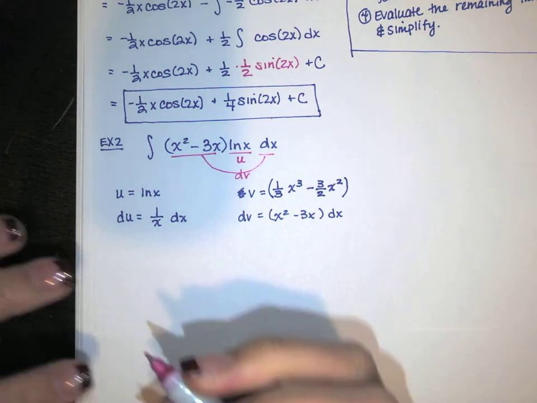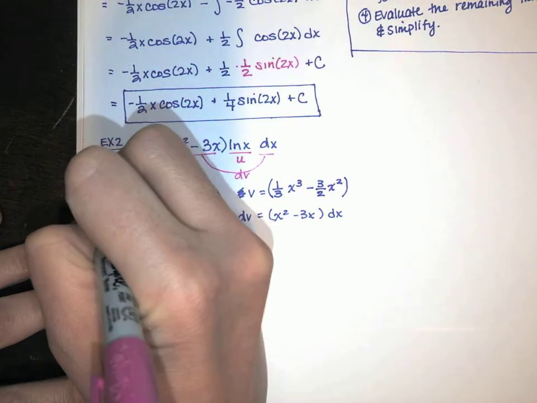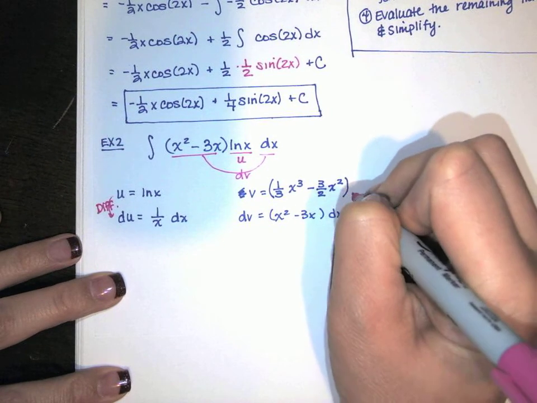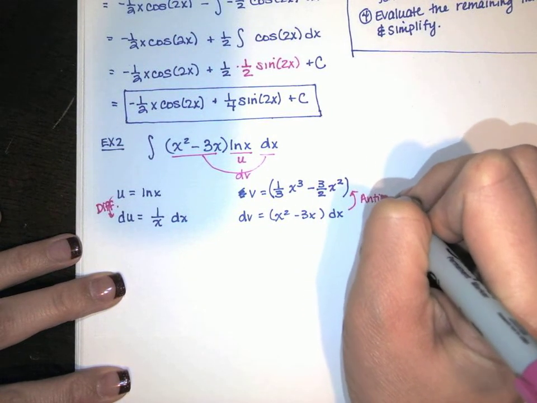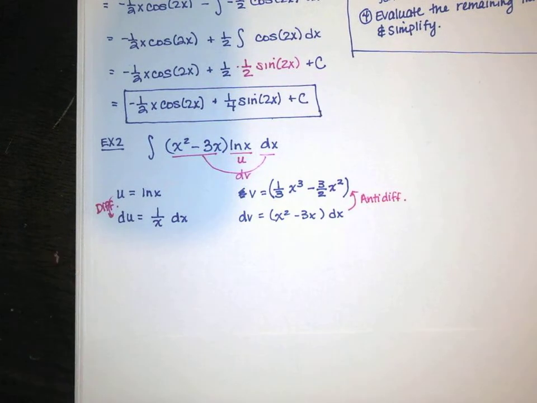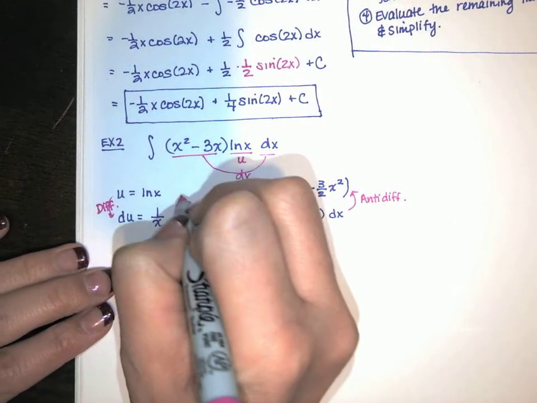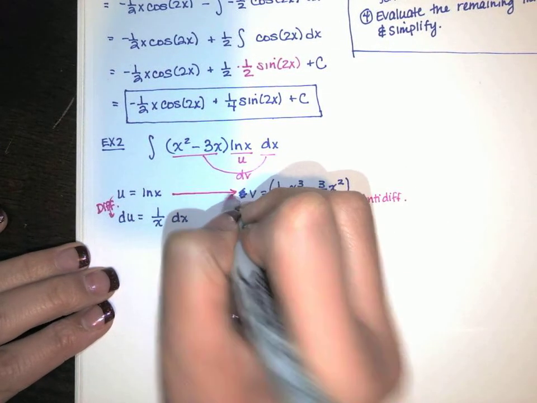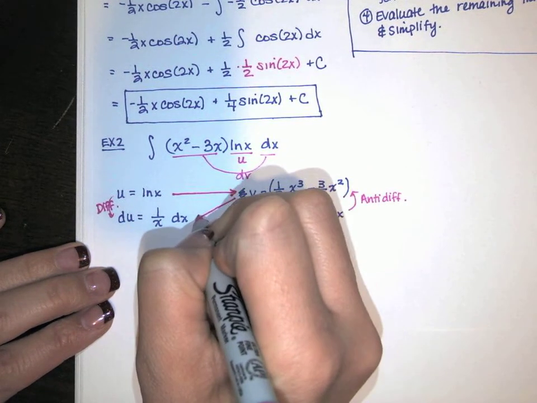All right, so we're here. We differentiated to get du, and we anti-differentiated to get dv. All right, and we started with u equals natural log of x, because if there is a natural log, that is your u. All right, now according to our formula, we get u times v minus the integral of v du.